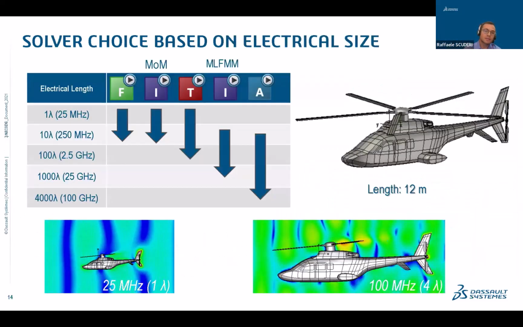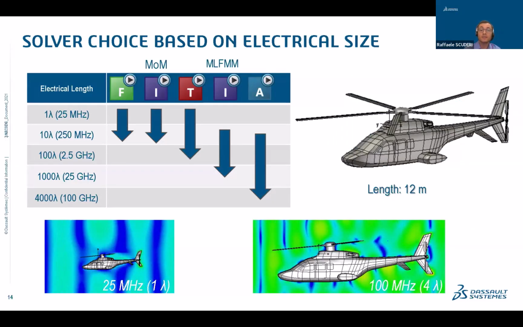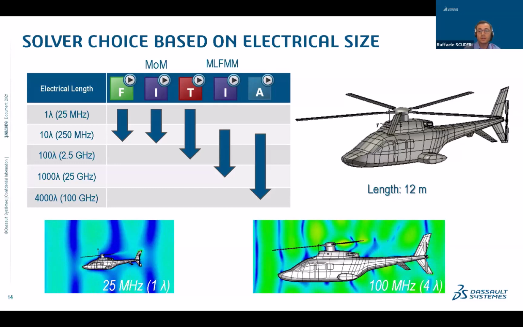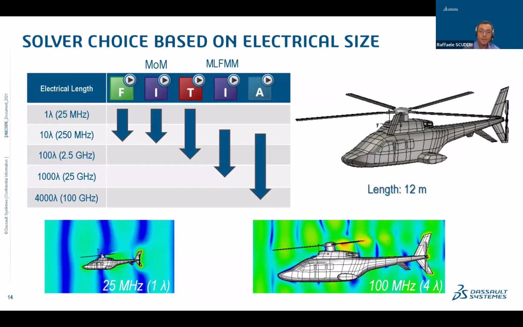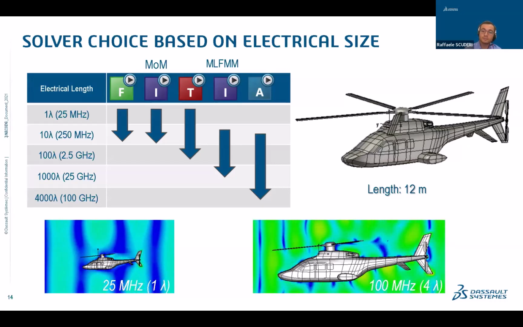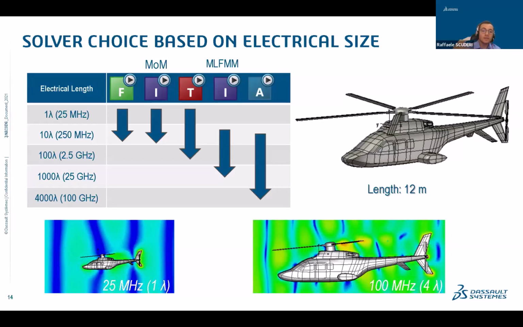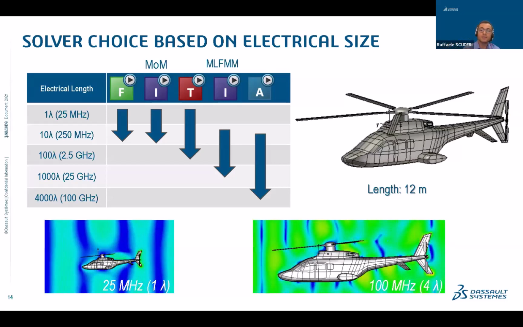Let's take a real case, just to have a look at some nice animation and very physical videos here, where we have this helicopter, which is 12 meters long. We can see here how the behavior is changes based on the frequency.